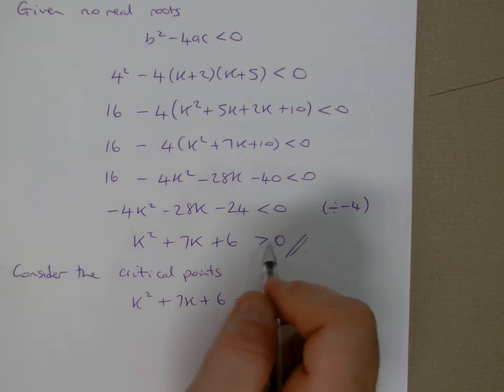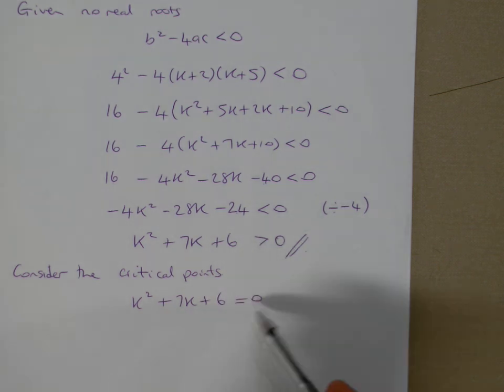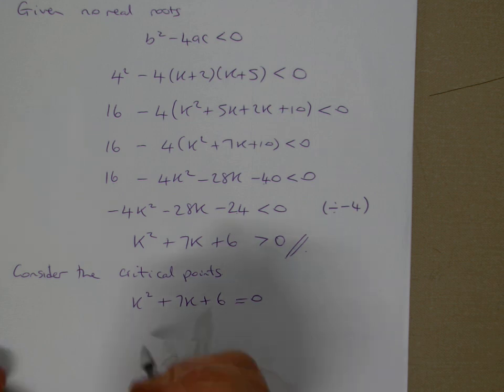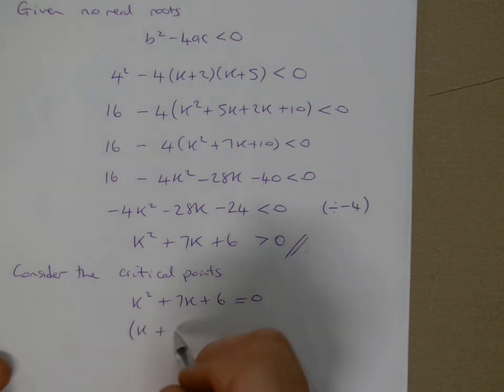What I mean by the critical points is the actual case where the quadratic is equal to 0. Now I know we want to solve it where it's greater than 0, and we won't consider where it is actually 0, we don't want that, but if we know what those points are, lovely.